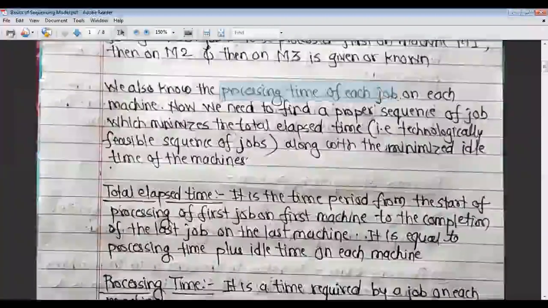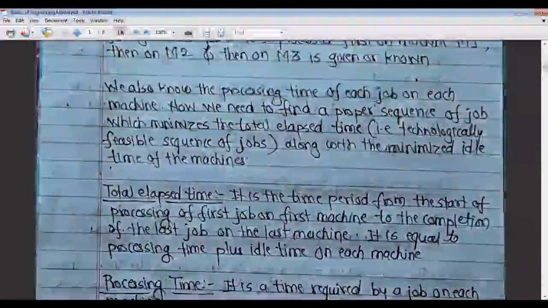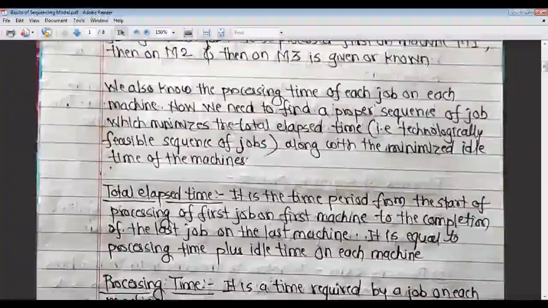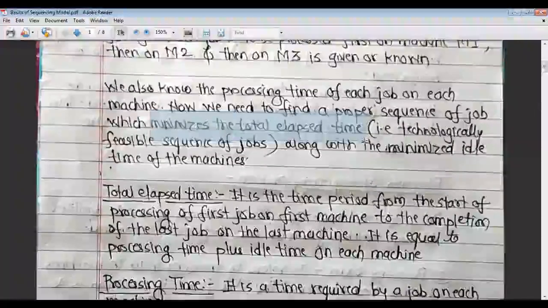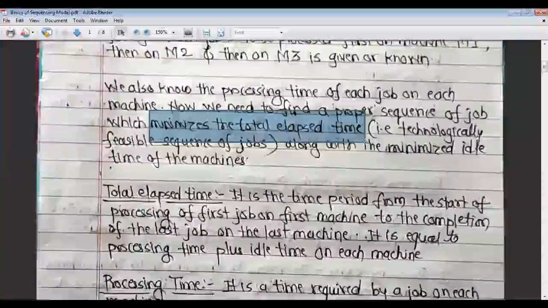With this type of input, the problem we have to solve is to find a proper sequence of jobs which minimizes the total elapsed time. This is our main objective, right?